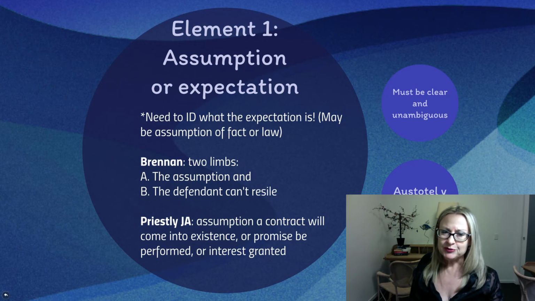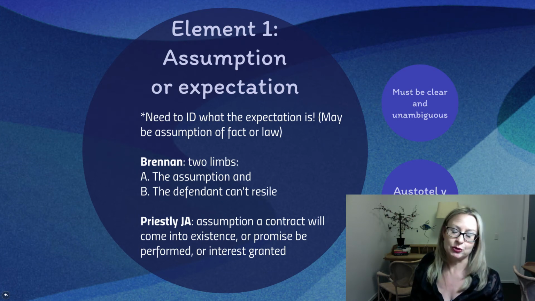There has been a bit of debate about that second limb, and the text does talk about that. There was a case called Ostertell and Franklin's in New South Wales, and Justice Priestley expanded on Brennan's enunciation, for want of a better word, of these 6 elements, but principally the first element.